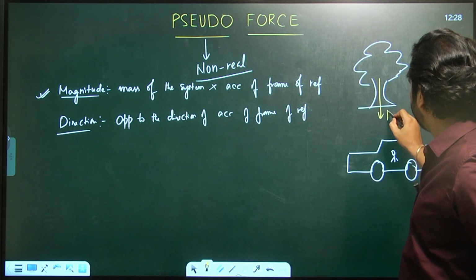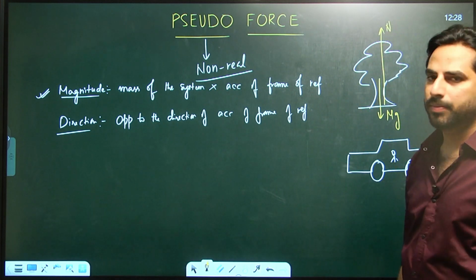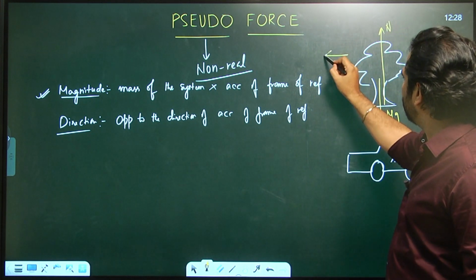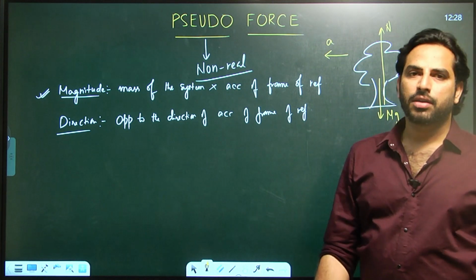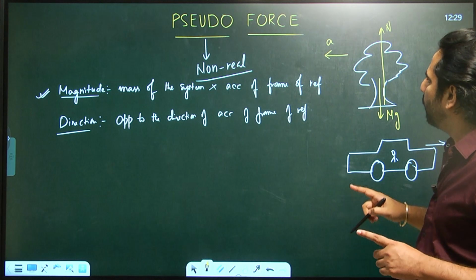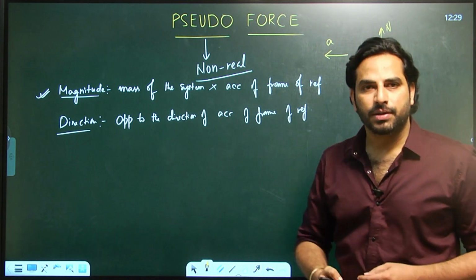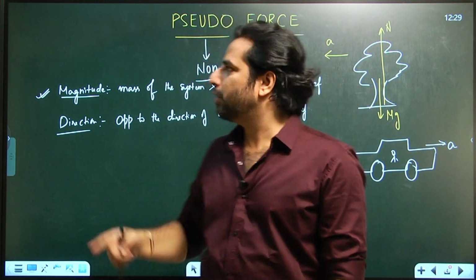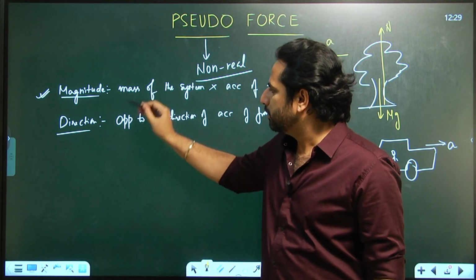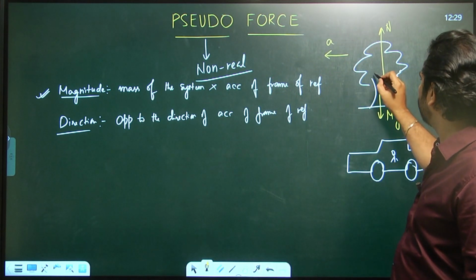So there is weight acting on the tree, there is normal force applied by the ground on the tree, and it is observed that acceleration of the tree with respect to car is a in the backward direction. And as I said, whenever you are working from a non-inertial frame of reference, apart from all the real forces, you must consider an extra imaginary force which is known as pseudo force. So following these two definitions, magnitude is mass of the system. Let me say mass of the tree is m.